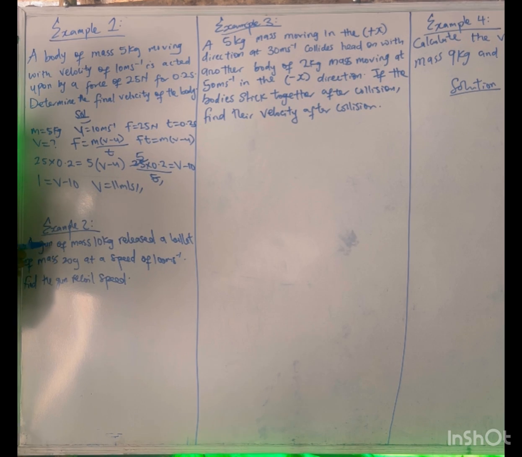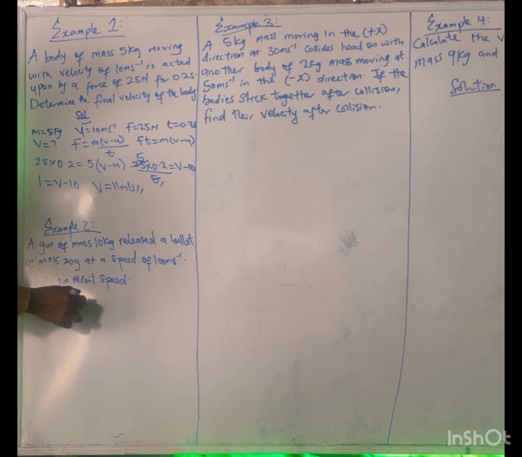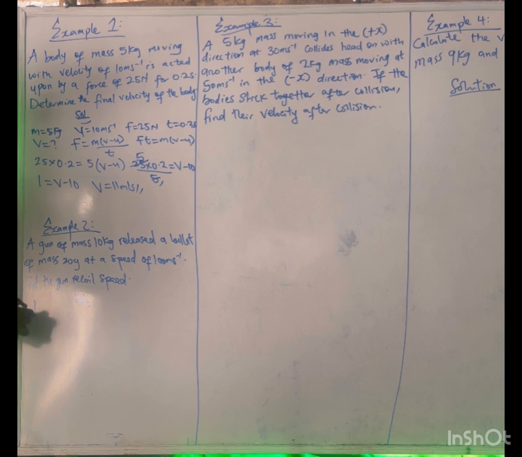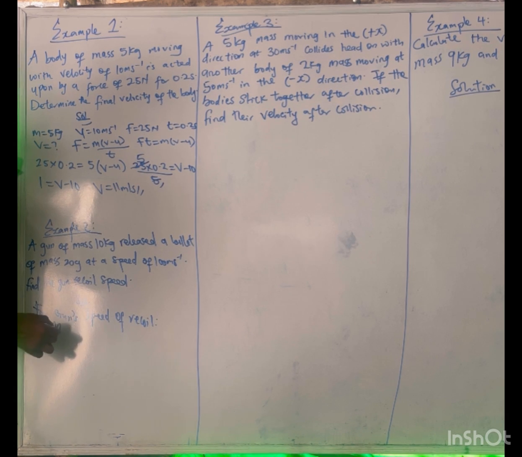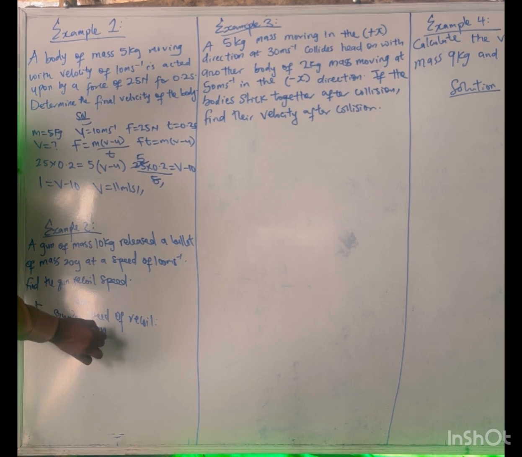The next example I have is that a gun of mass 10 kg releases a bullet. So the solution, you have to note this. For the gun speed of recoil, mass of gun times velocity of gun equals mass of bullet times velocity of bullet.